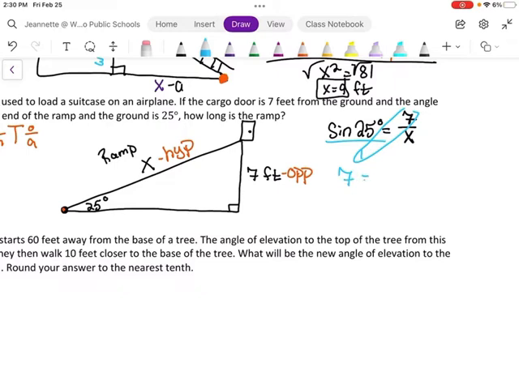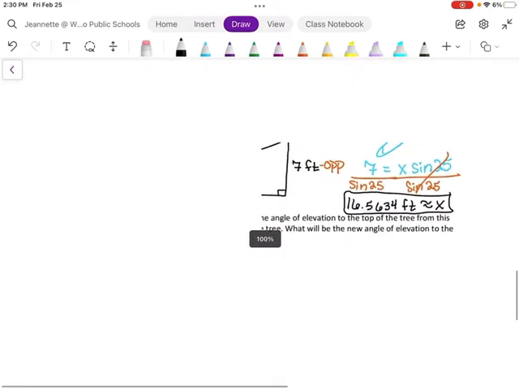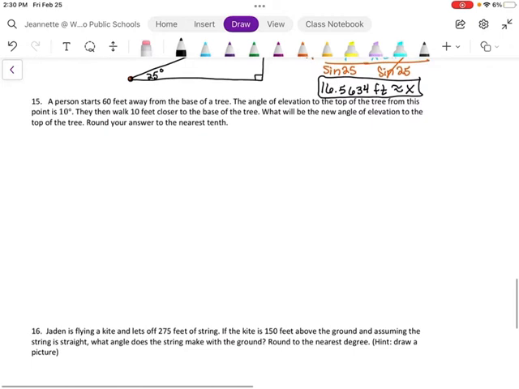And we're going to cross multiply to get x by itself eventually. In this one, that means we're going to have to divide by the sine of 25 on both sides. And we can type that into our calculators. And you might want to do that just to make sure you know how to do it. And you should get about 16.5634 feet is equal to x. And that is how long our ramp is.